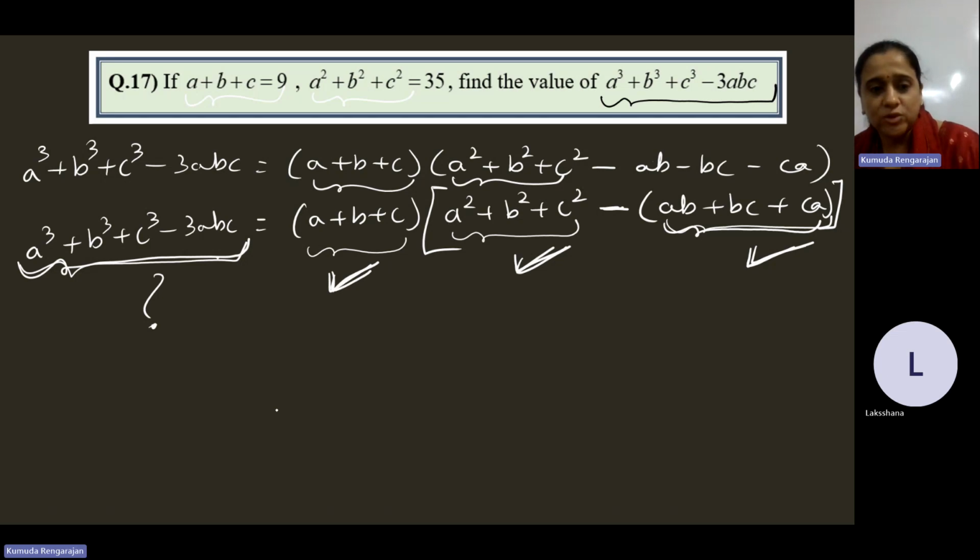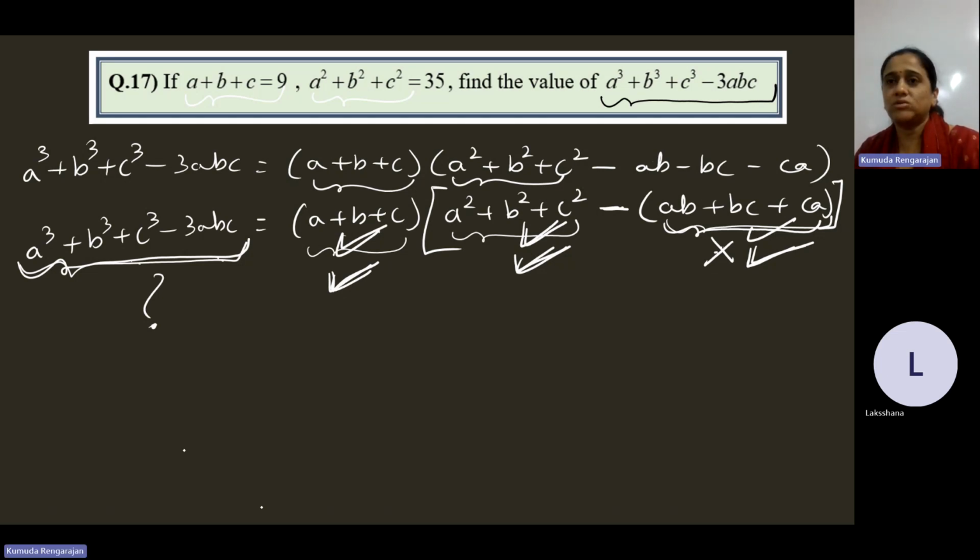To find this value, we need three values, but we don't have the value of this one. So we should find it using a different identity which has this expression. And which is that identity? A plus B plus C the whole squared.